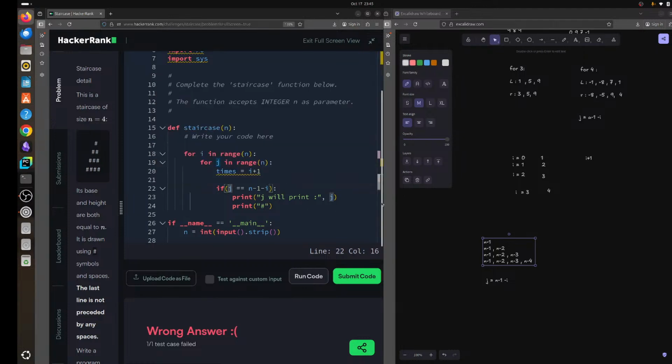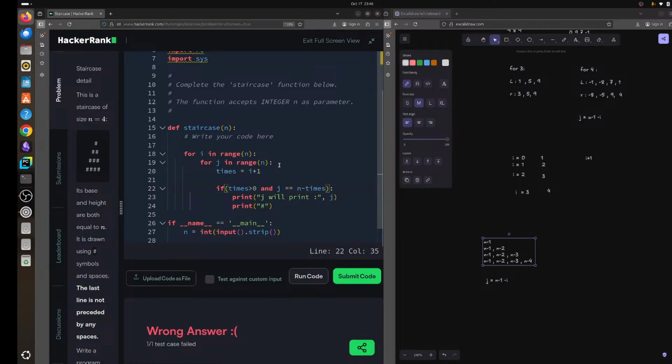Now if times greater than 0 and j equals n minus 1 times, n minus not 1, n minus times.